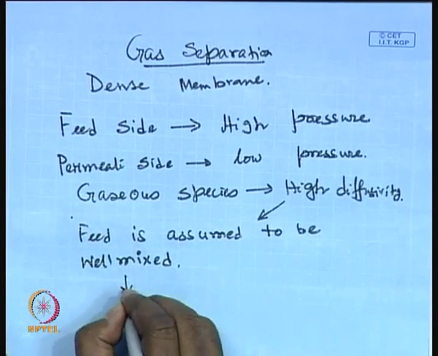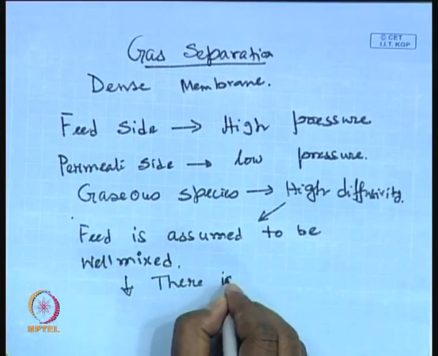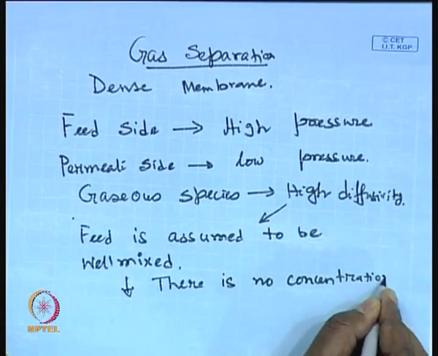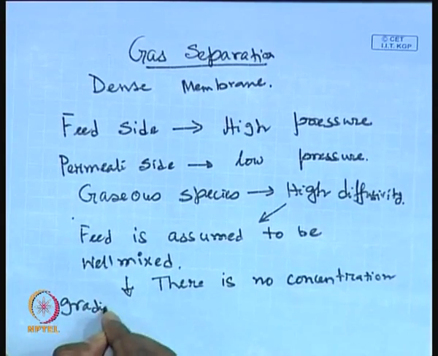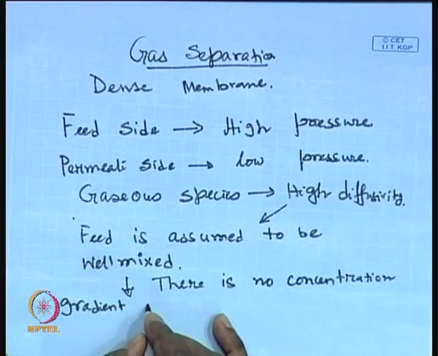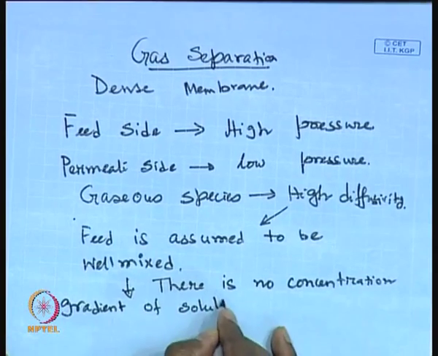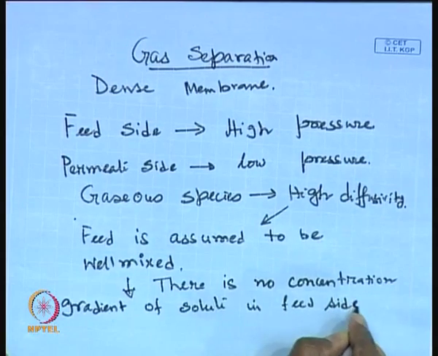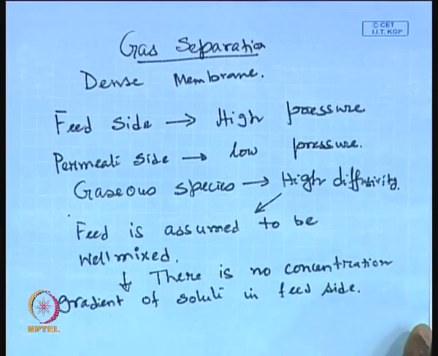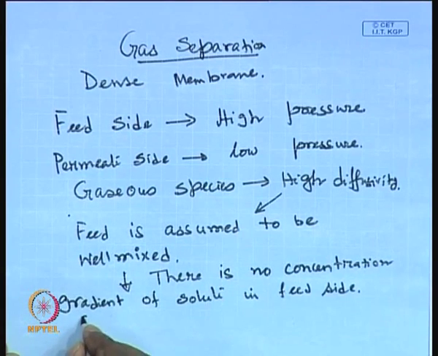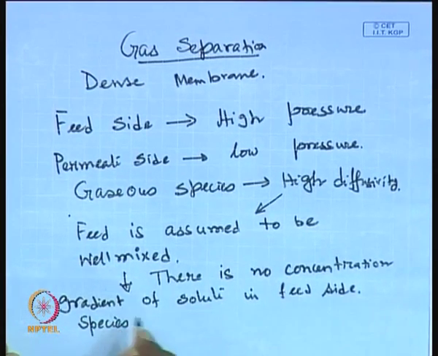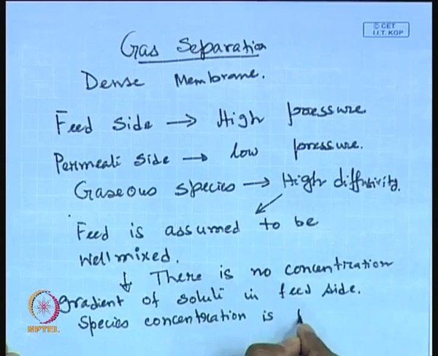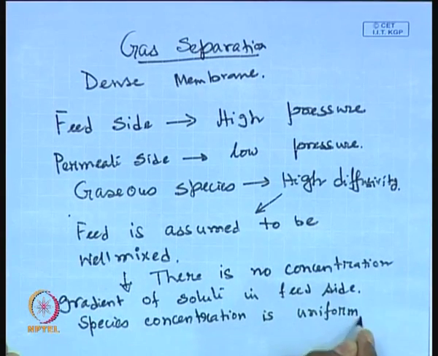That means there is no concentration gradient of solute in the feed side, so the solute or species concentration is uniform.